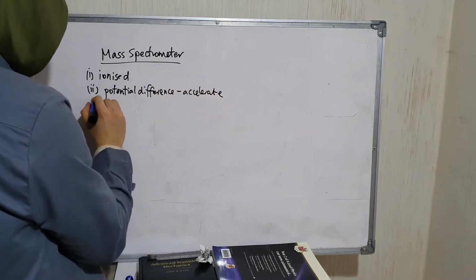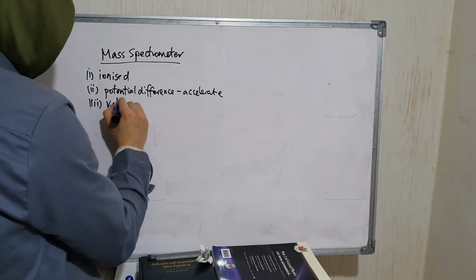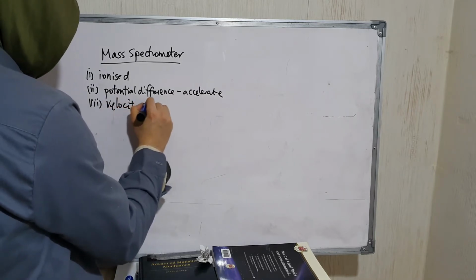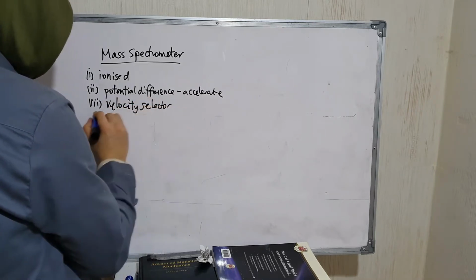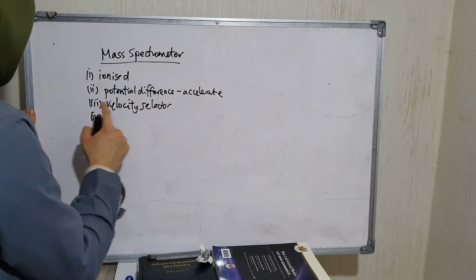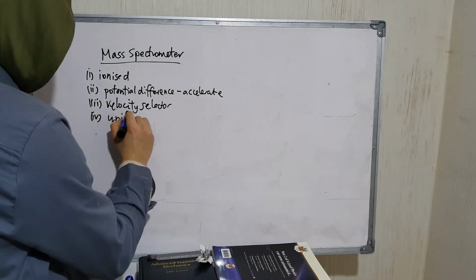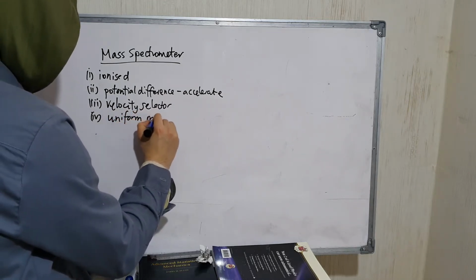The next stage is that it goes through a velocity selector. The fourth stage, after the velocity selector, it enters a region of uniform magnetic field.